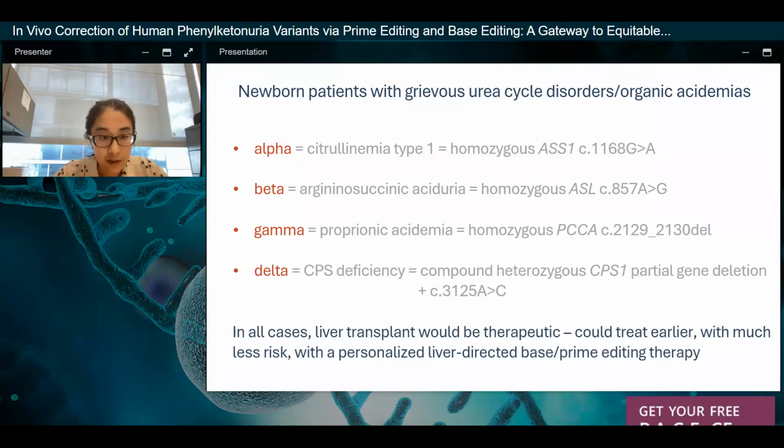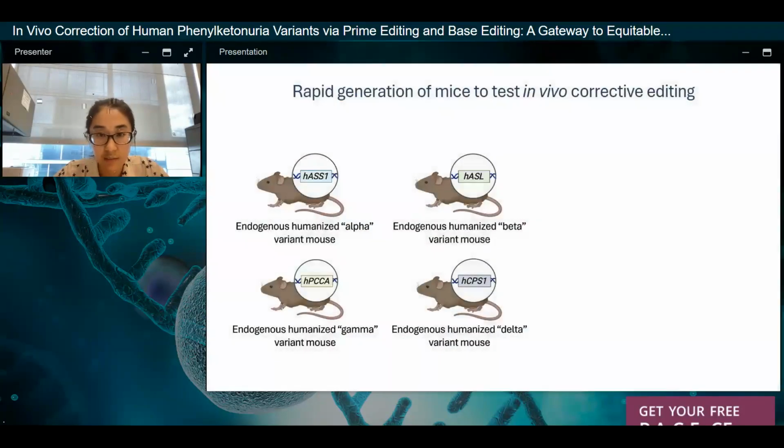For each of these patients, a liver transplant will be therapeutic, but a one-time liver-directed base or prime editing therapy would be better. We would like to apply our PKU workflow to these patients, but we realized that we would need to escalate and scale up the whole discovery process.